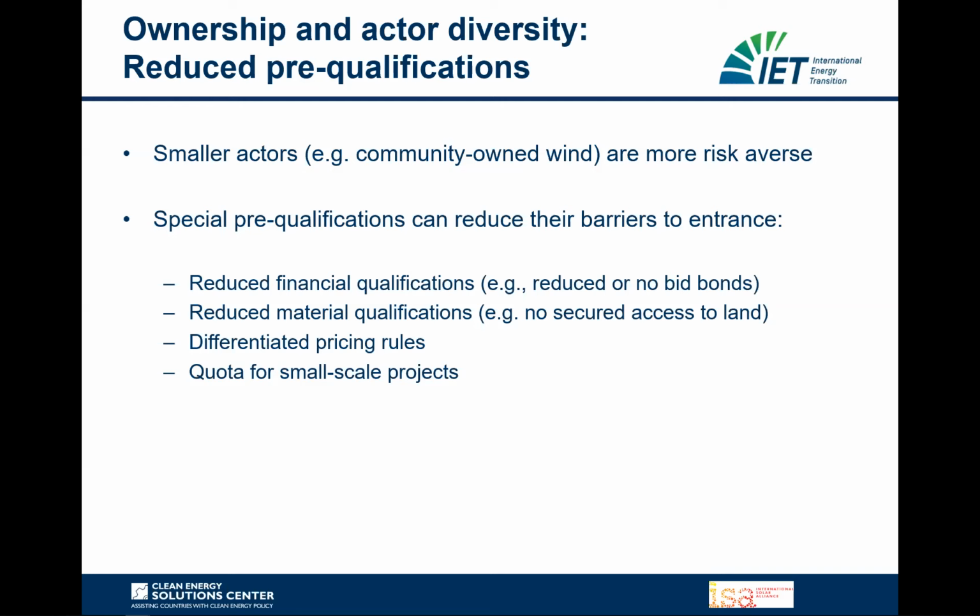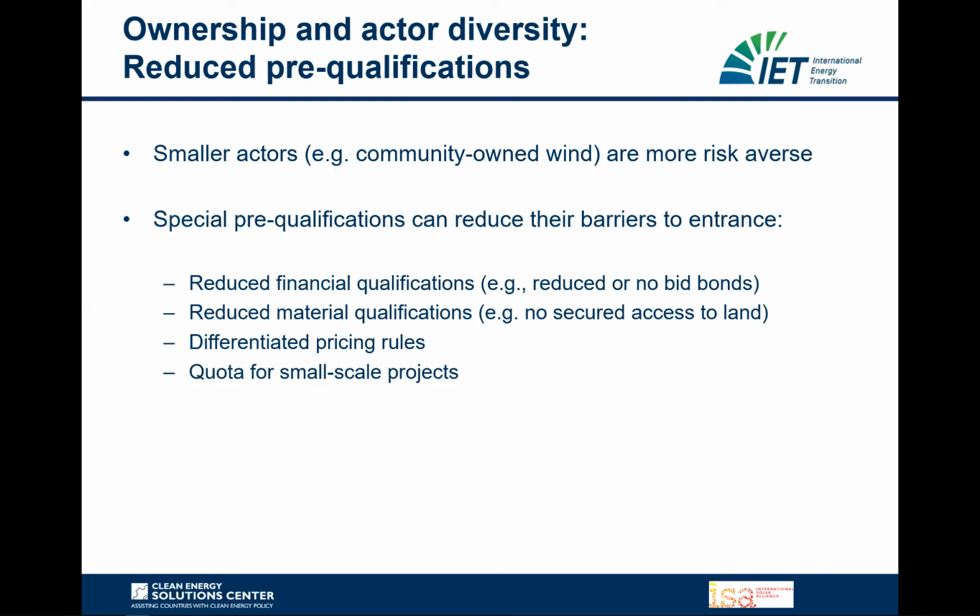And the easiest way is to have some special pre-qualifications for them. A straightforward way is to, for instance, reduce the financial pre-qualifications, for instance, reduce the bid bonds or not require any bid bonds. As we have learned in session 10, once you want to participate in an auction, you first of all need to sign either a construction or completion bid bond, let's say $5 per kilowatt installed, which you will have to deposit at a bank.